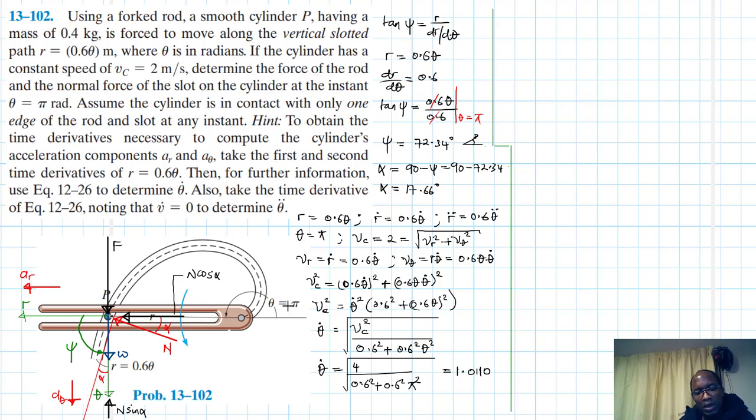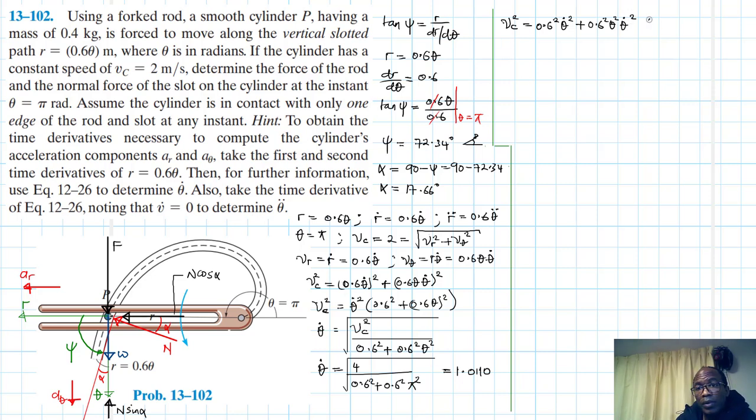All right, so now again we need to find the angular acceleration. So we said our VC is the square root of 0.6 squared theta dot squared plus 0.6 squared theta squared theta dot squared.